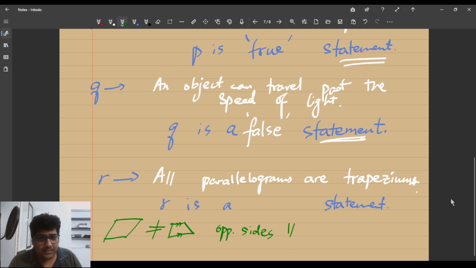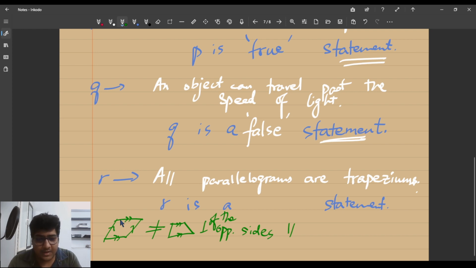And parallelograms are quadrilaterals in which both sets of opposite sides are parallel. So I should have said here that one pair of opposite sides is parallel. So if both the opposite sides are parallel, then it is also true that one of the pairs of sides is parallel, because both are parallel. I did not say that two cannot be.